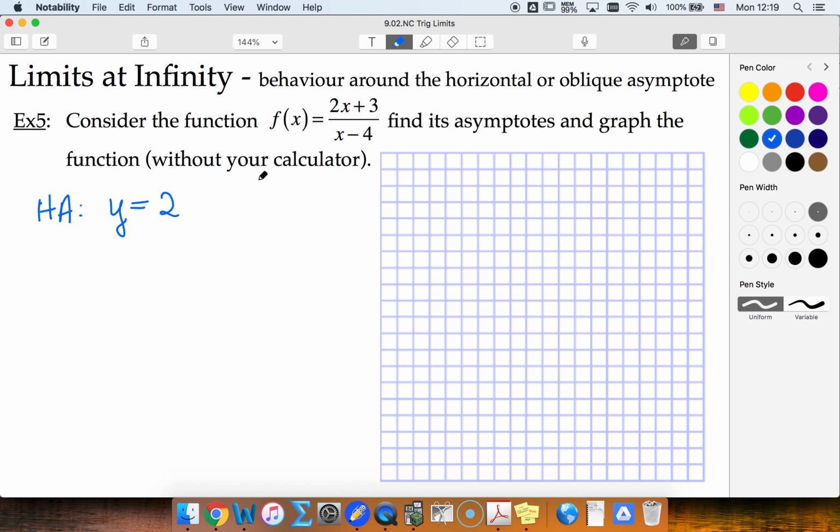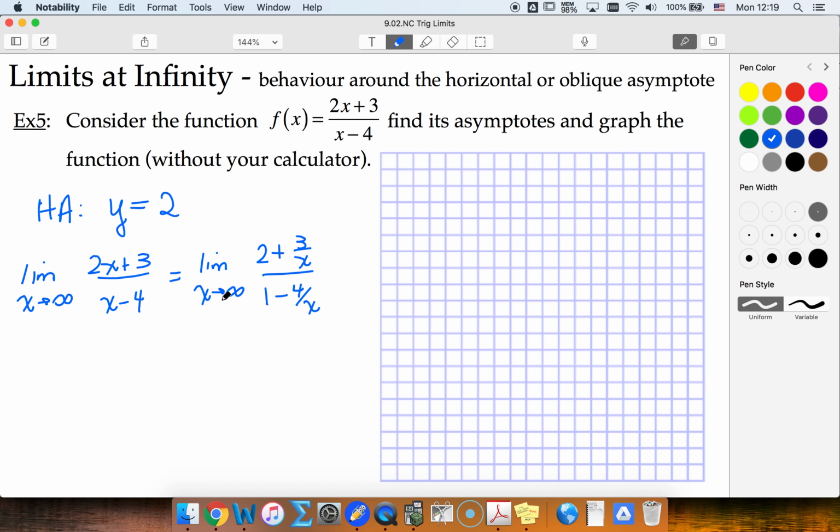So if I think about this in terms of limits, I've got my limit as x is going to infinity of 2x plus 3 over x minus 4. Well, I would get infinity over infinity, but if I divided through by x, I would have the limit as x is going to infinity of 2 plus 3 over x over 1 minus 4 over x.